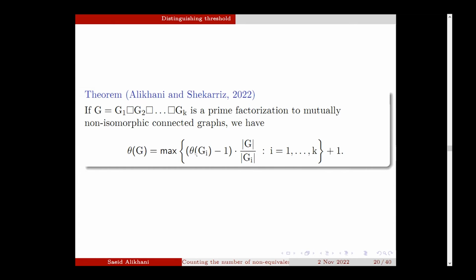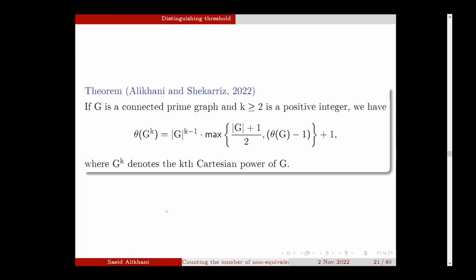Okay, so with this formula we can obtain the distinguishing threshold of the Cartesian product of graphs.